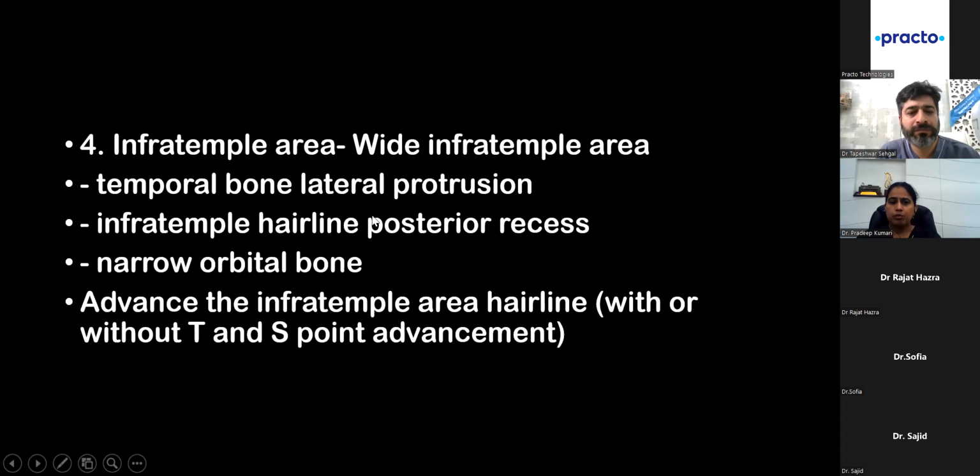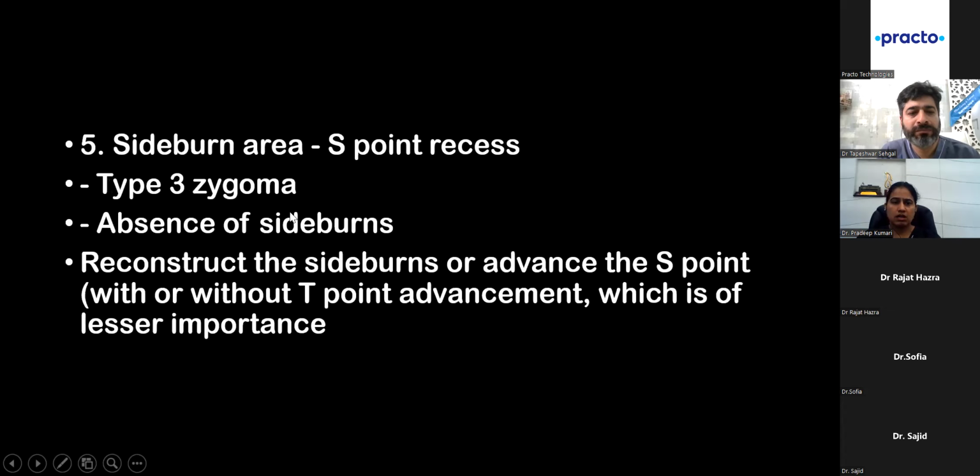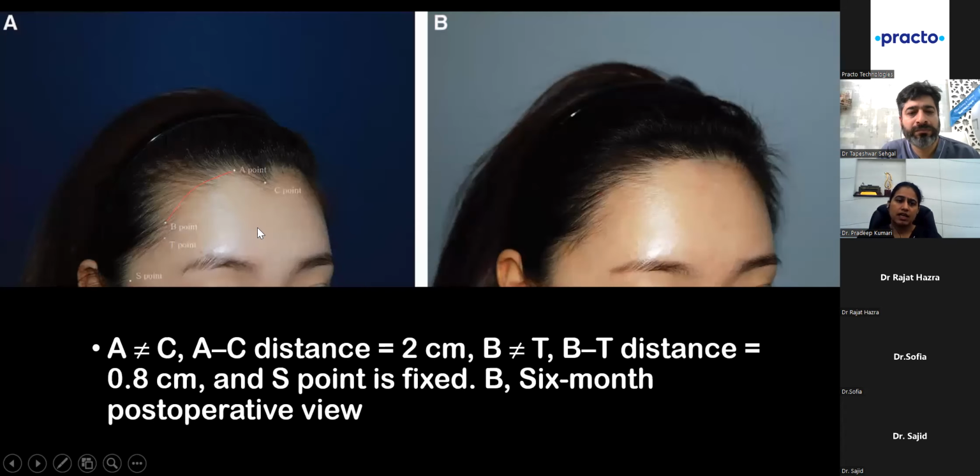And then the other points can, of course, be discussed if required, and if someone would want an elaboration, I would do that. So basically, we are looking at 2-3 points, and we would want this concavity to turn into a somewhat linear line, and that's how the hairline improves.